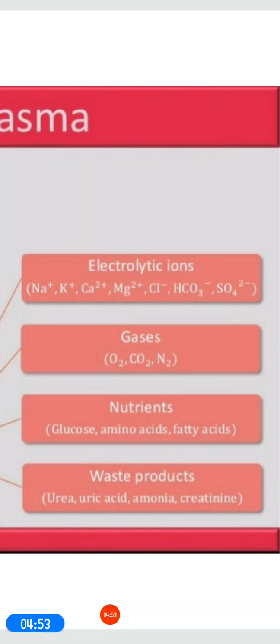Nutrients are glucose, amino acids, and fatty acids. And waste products are urea, uric acid, ammonia, and creatinine.